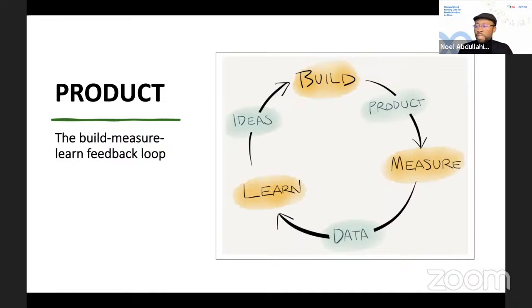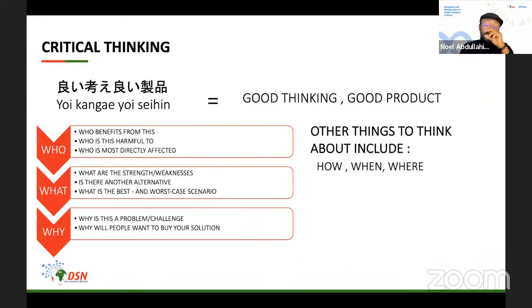Of course, we're not expecting you to build an extremely fantastic product. In this hackathon, the goal should just be for you to build what we call an MVP, the minimum viable product. And that's where things like critical thinking come in.